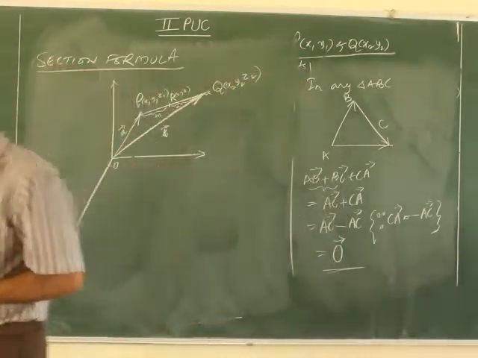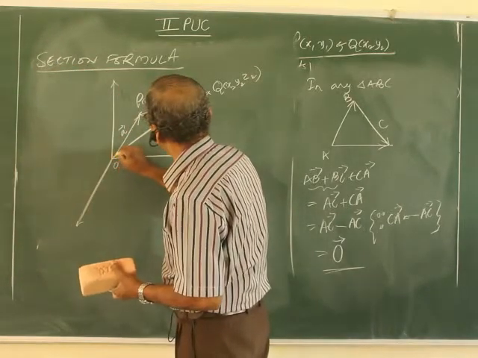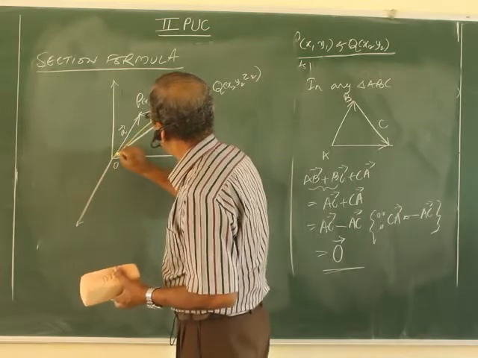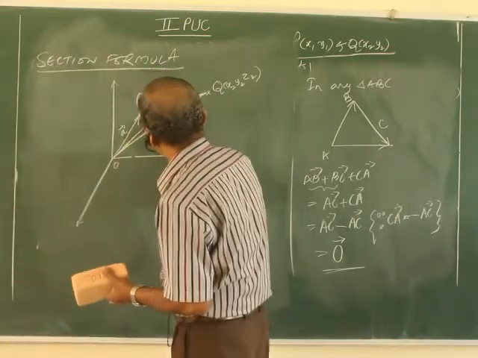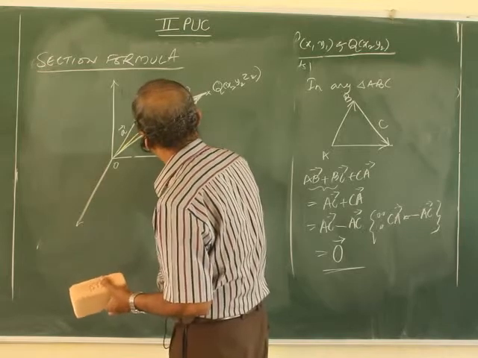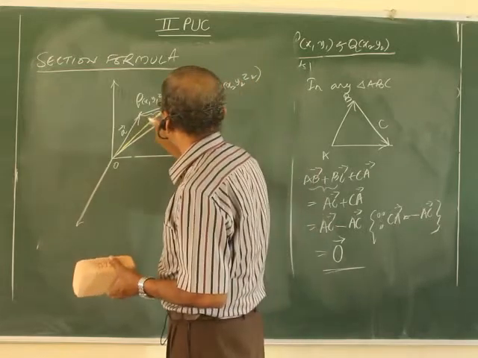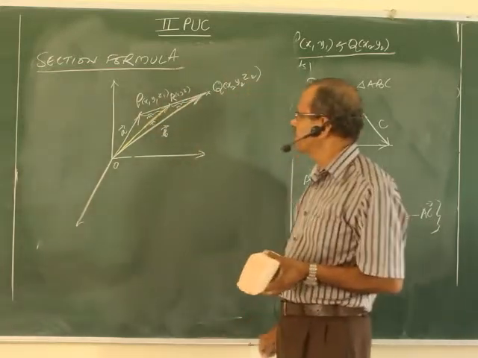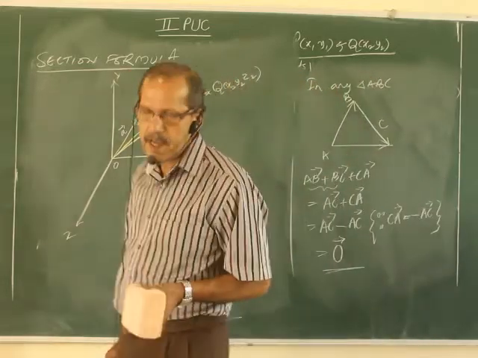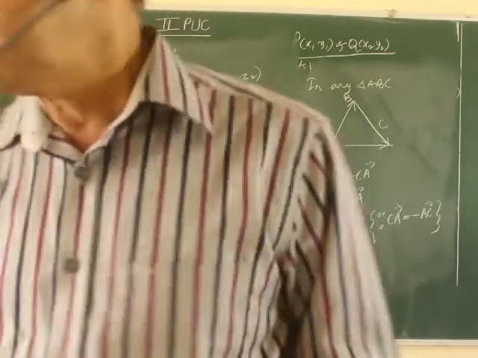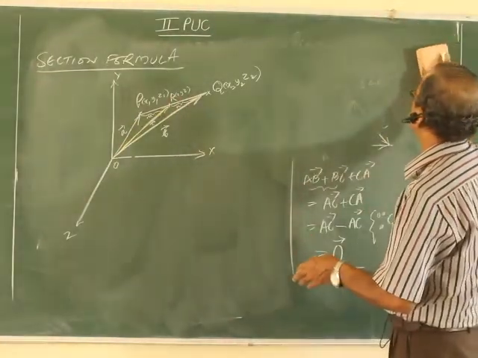Let the position vector of that particular point R be C. Draw the figure correctly, with the X, Y, Z axes and the points P(x1, y1, z1).